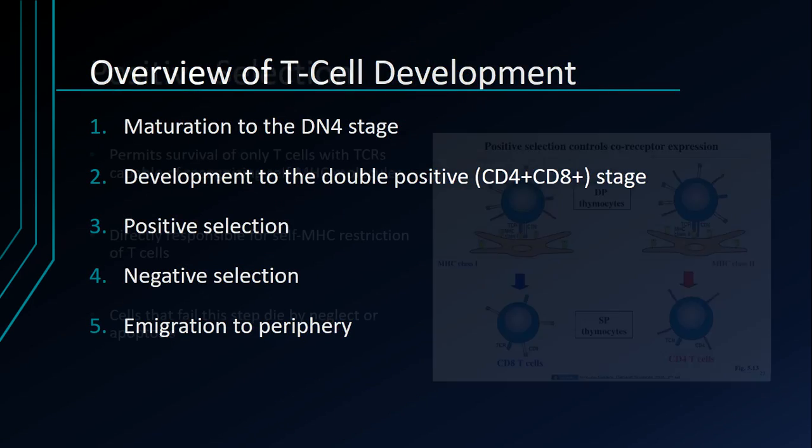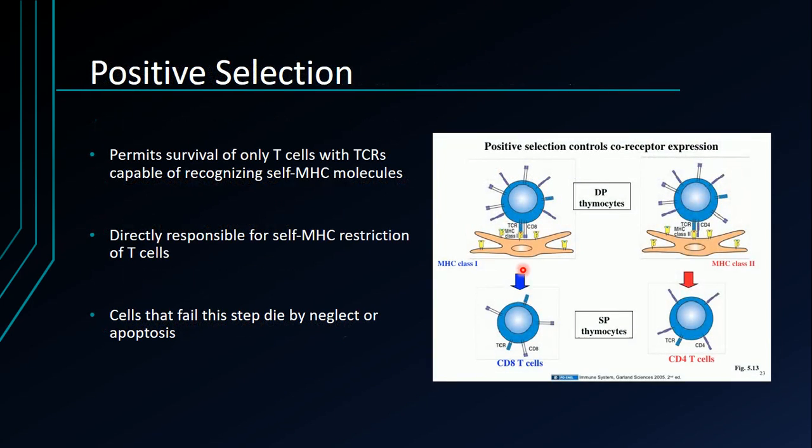But if they do bind too strongly to this self-MHC, something's going to induce apoptosis within these T cells and destroy them, because you don't want them to stay stuck to self-MHC, that just wouldn't be good. So you don't want them to have a high affinity for the self-MHC they're being exposed to.